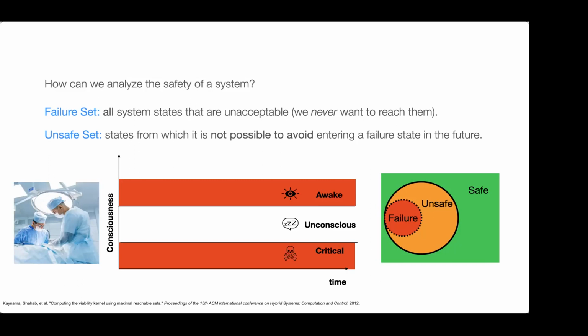And so that would be considered the failure set. And so you'd like to be able to back out of that, the regions from which you are either applying so much anesthesia that they are going to die, or so little anesthesia that even if you cranked it up right now, they're going to become awake, at least temporarily, before they go back under.